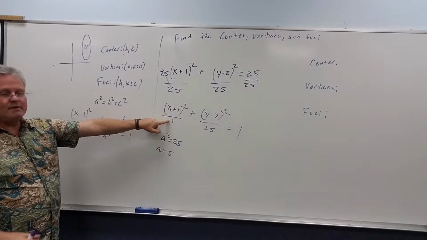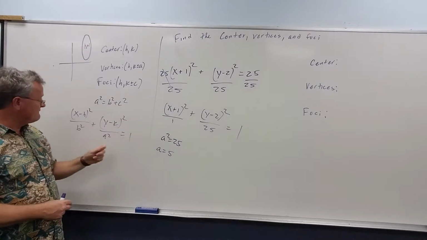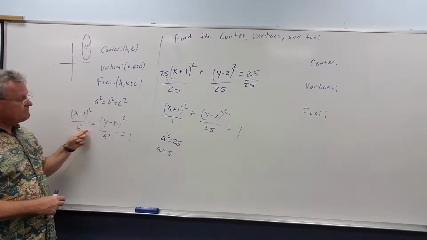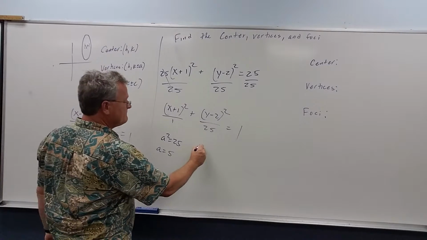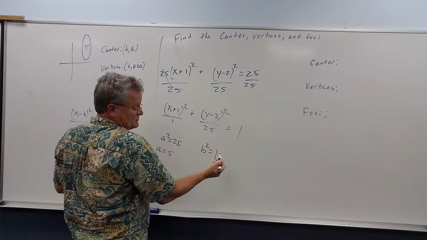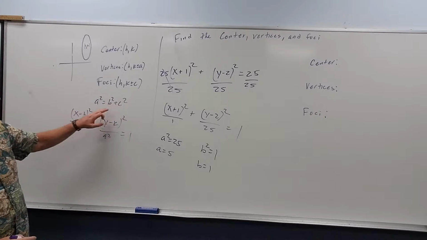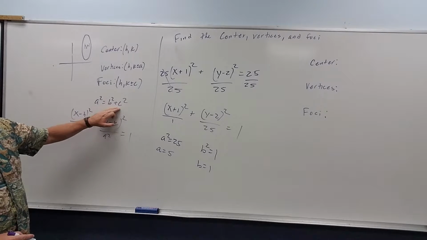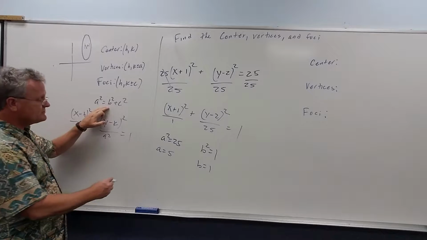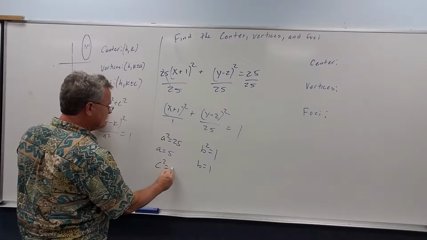But with the 1, it makes it very clear what the value of b squared is. b squared is 1. Take the square root, you get b equals 1. c squared, just like the other times, is a squared minus b squared.